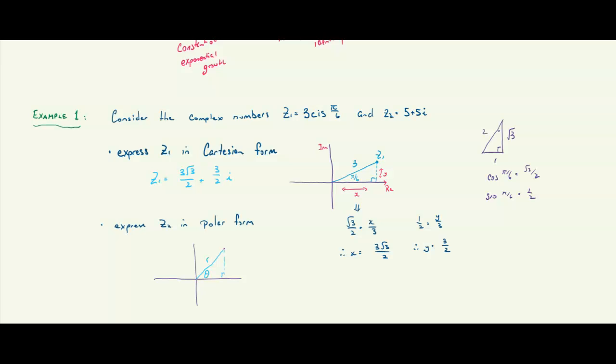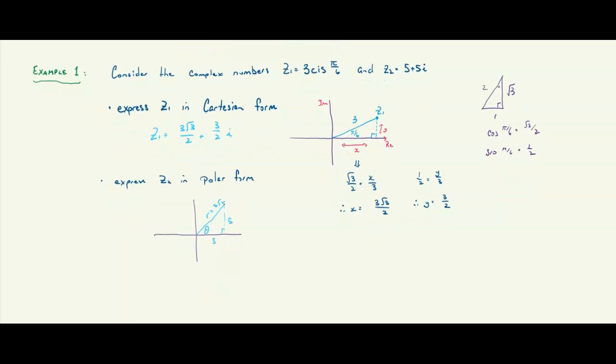So if this is 5 and this is 5, then r is equal to the square root of 50, or 5 root 2. 5 squared plus 5 squared is 50, so 5 root 2, and our theta, given that x and y are equal, is pi on 4. So therefore, Z2 will equal 5 root 2 cis pi over 4.